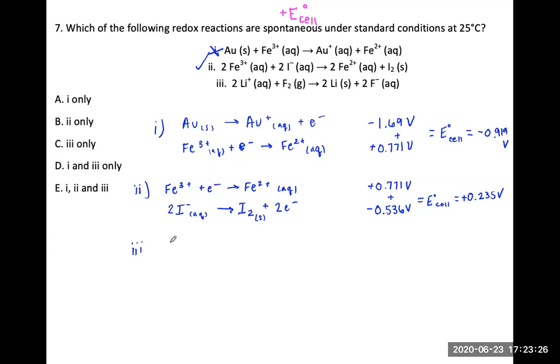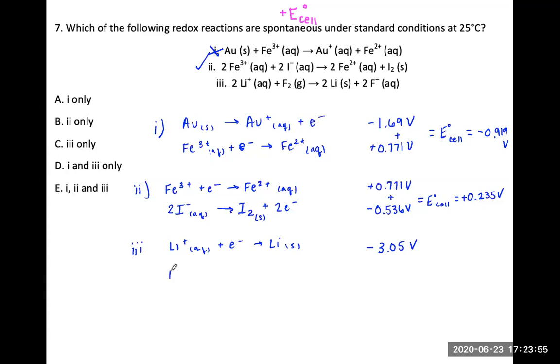So we can see we have lithium ions becoming solid lithium. That's a reduction. And we can take this half reaction potential straight from the data sheet. And this potential of negative 3.05 volts.